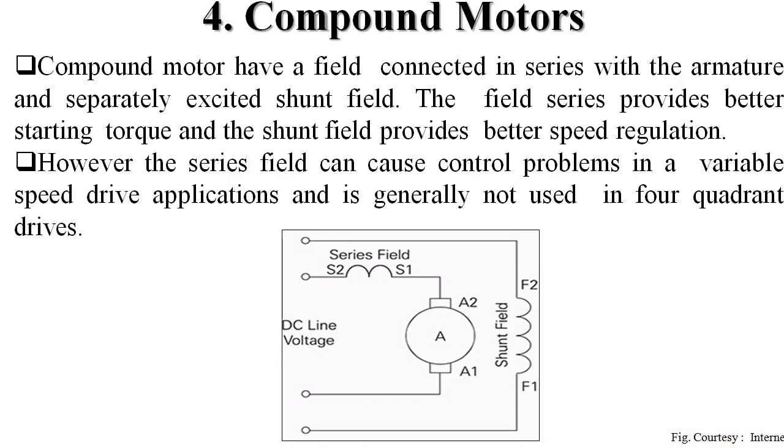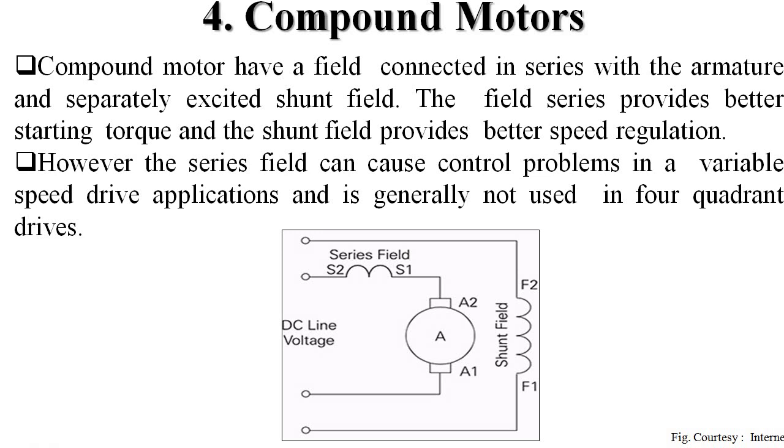Next type is compound motors. Compound motors have a field connected in series with the armature and a separately excited shunt field. So it is a combination of a series field, which you can see here, and a shunt field or separately excited shunt field. That's why it is a compound motor.